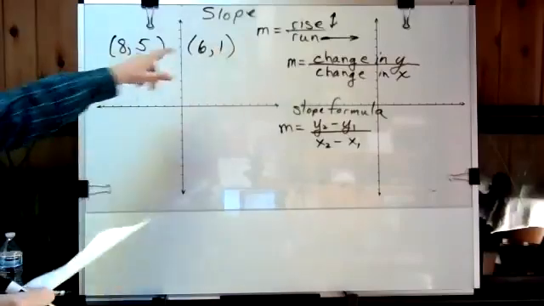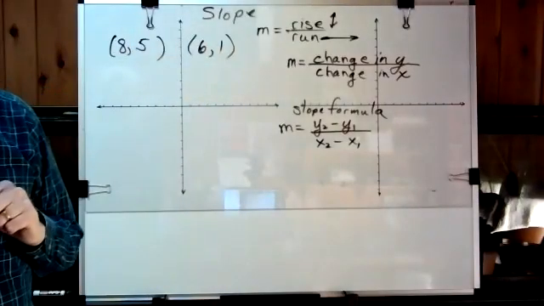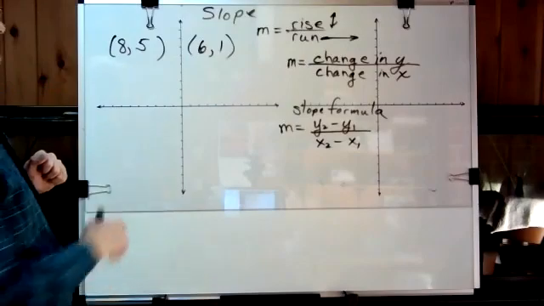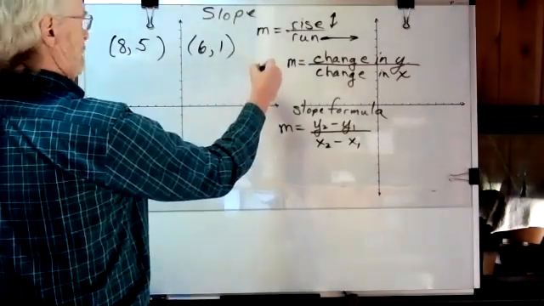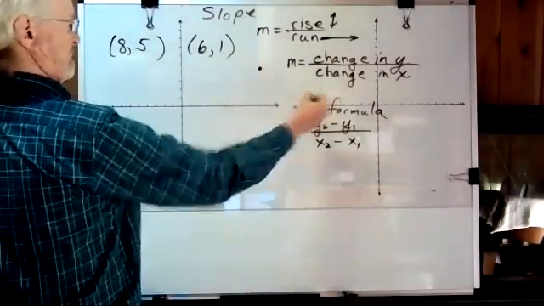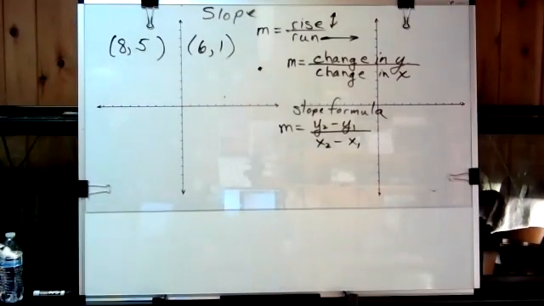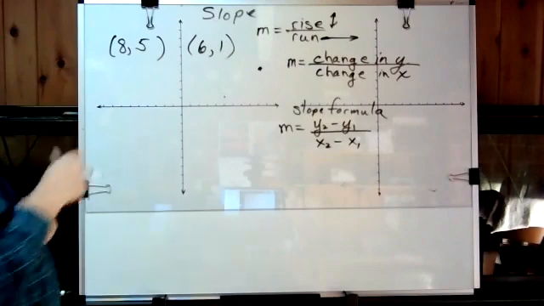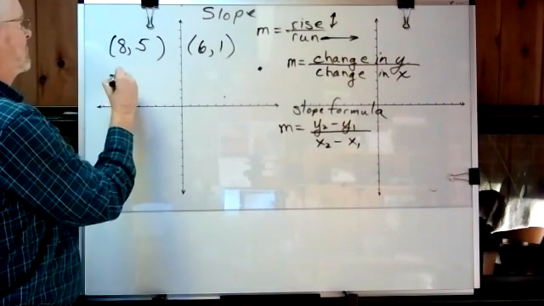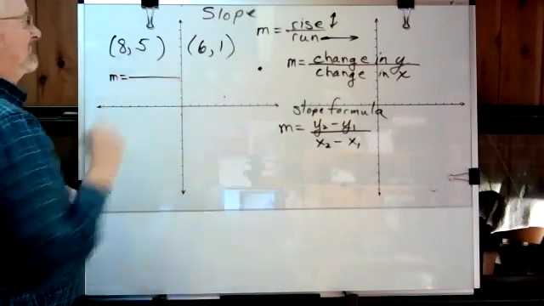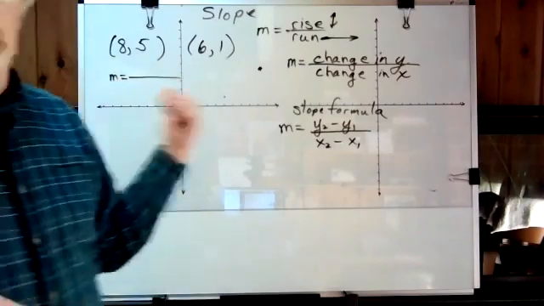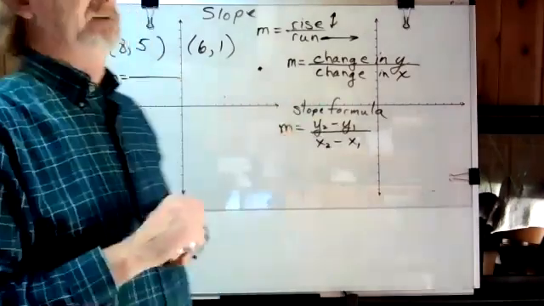I have (8, 5) and (6, 1). All right. What's the slope there? Well, it doesn't matter which one's which, and I'll do this one both ways to try to prove that to you.